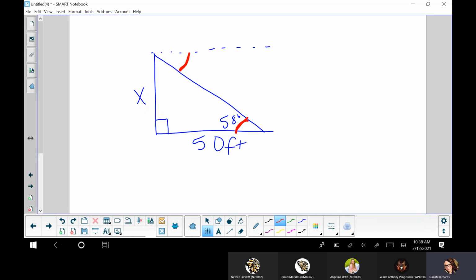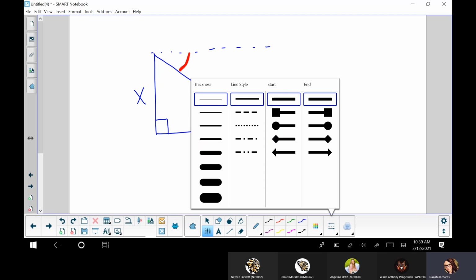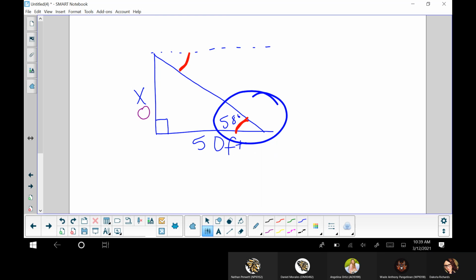Okay, so you have to look from this angle here. That's your reference angle. And looking at that, the opposite side is X. The adjacent side is 50. So which trig ratio deals with opposite and adjacent? Tangent.